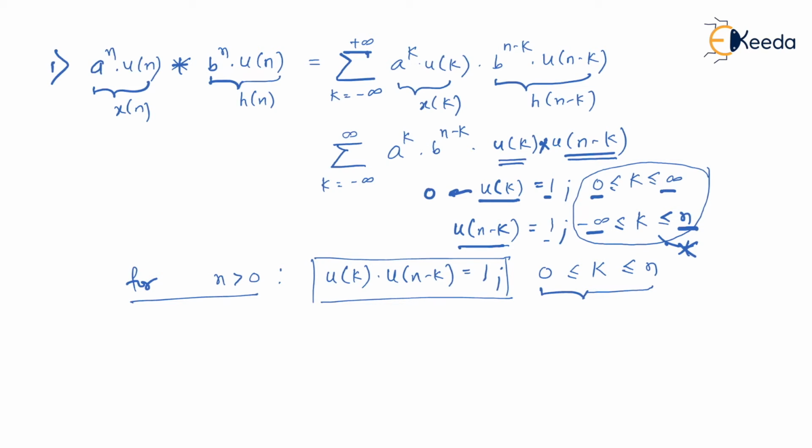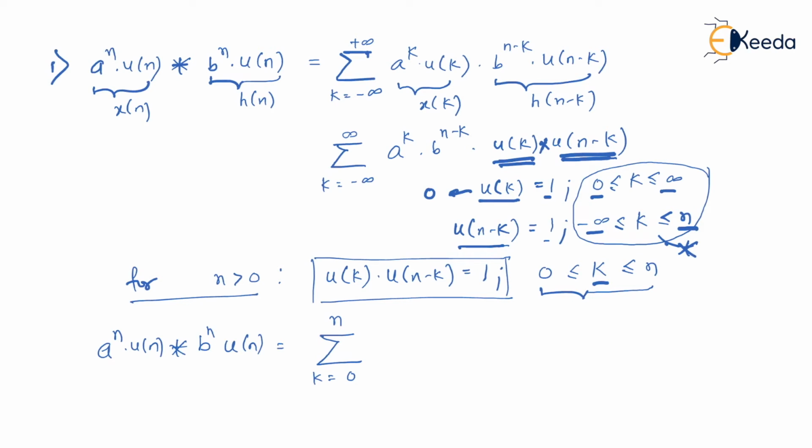This is it. Now I can rewrite it. A to the power n u of n convolved with b to the power n u of n is equal to... So we know that u of k dot u of n minus k is 1 only when k is lying between 0 to n, otherwise it is always 0. Therefore I can now change the limit, that is k equal to 0 to n.